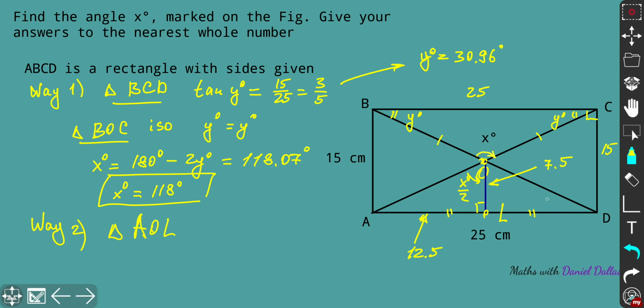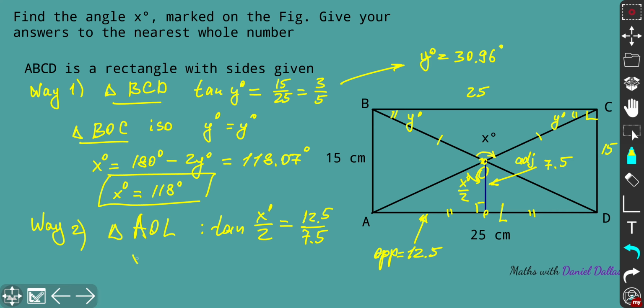Okay, we have two sides and an angle. So we have opposite side right now, which is 12.5 related to the angle x over 2, and 7.5, which is adjacent, okay? Put adjacent side, okay? So that's why we arrange tangent of x over 2, which is simply 12.5 over 7.5. So opposite over adjacent.